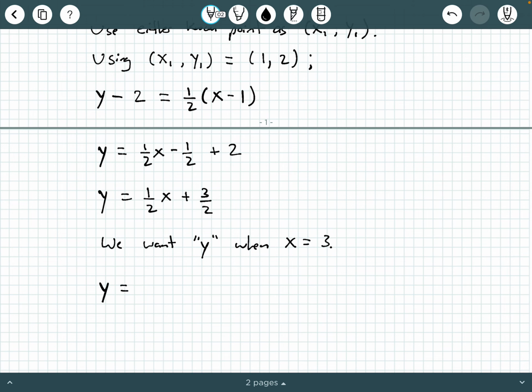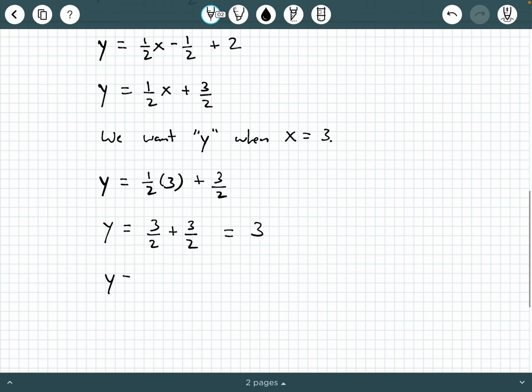We can say y equals 1/2 times 3 plus 3/2. Of course, we get y equals 3/2 plus 3/2, and this is y equals 3. So finally, y equals 3 is the value that we were looking for.